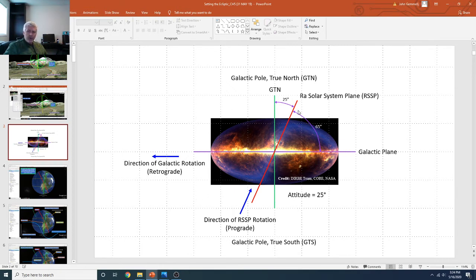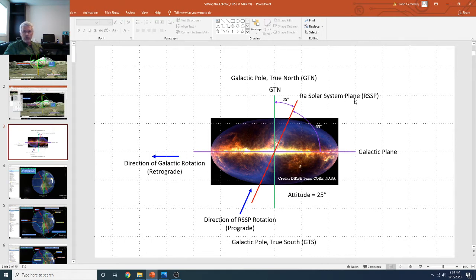So this one basically is telling us what the approximate offset is in angle from 0 degrees north, or the galactic true north in this case, and down here is the galactic pole true south, GTS, and the direction of the RSSP rotation, and that's going to be the raw solar system... I'm not sure what the P is.